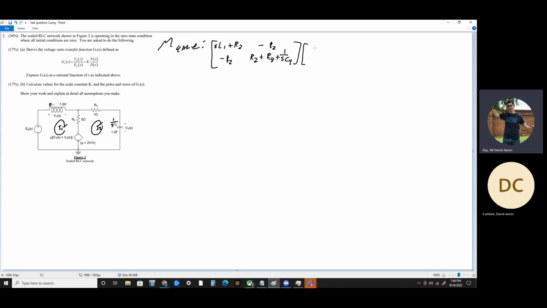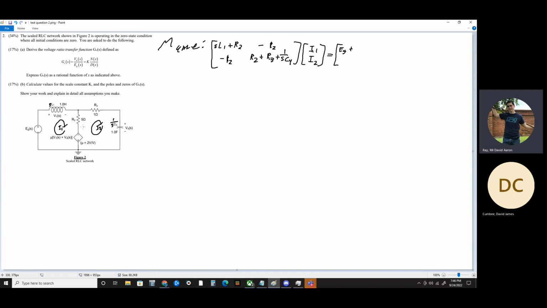Then we draw our currents, I1, I2, and then we worry about our voltages. Looking at I1, the positive says its voltage is flowing this way, and I1 flows the same direction, so EG is positive.